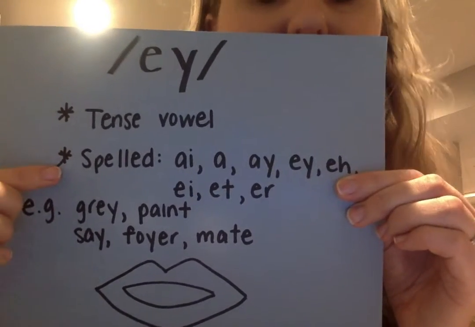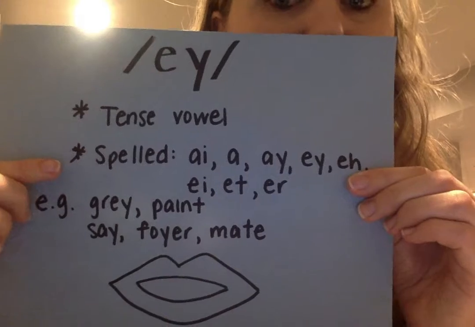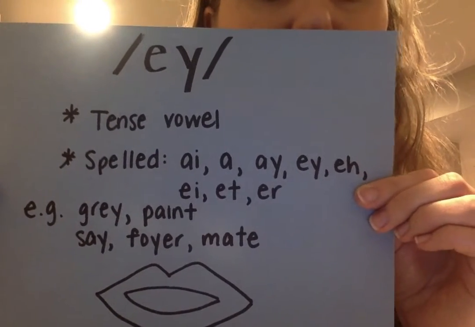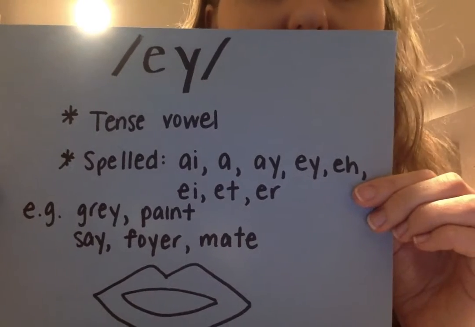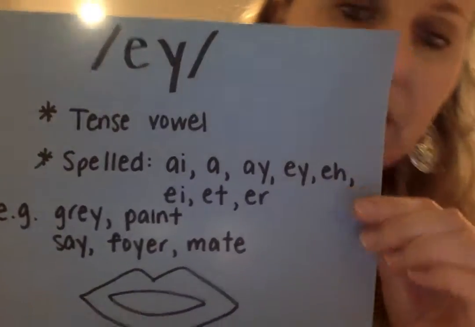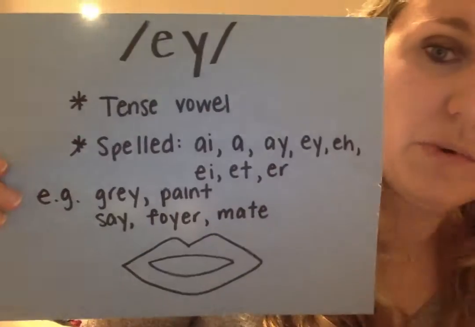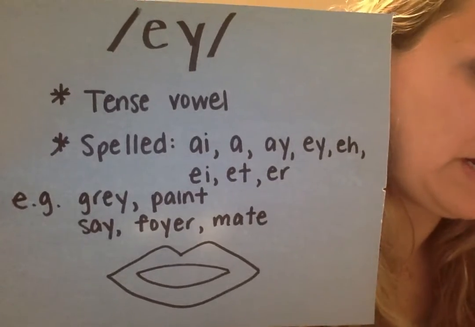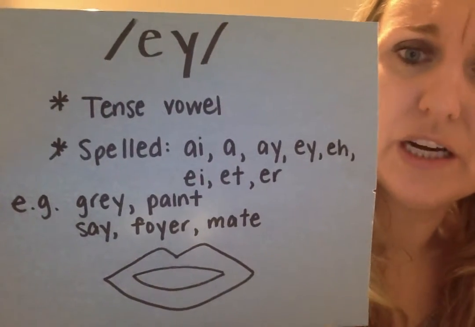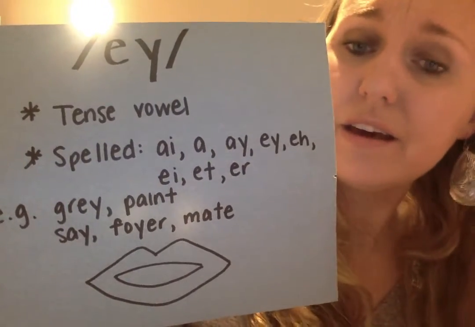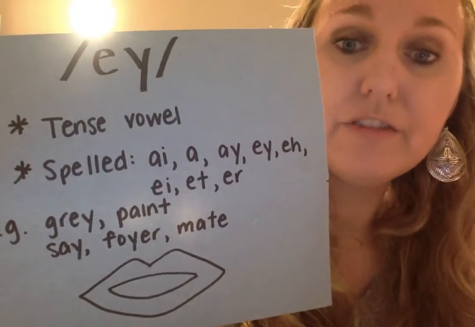It can be spelled in many different ways actually. So this one's kind of tricky. It could be AI, AY, EY, EH, ET, ER. There's a lot of different ways that you could spell this. Some great examples here would be gray, paint. Any other examples you guys can think of? Yep, Donna, foyer.